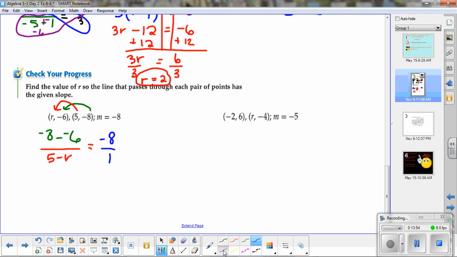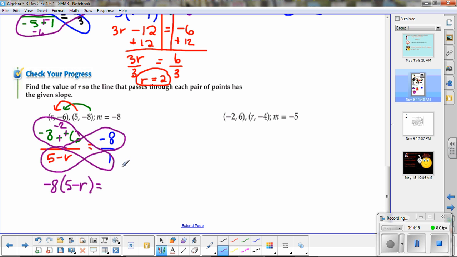Let's go ahead and simplify this right here. Negative 8 minus negative 6 really is going to have a value of negative 2. So now when we multiply diagonally, we're going to have negative 8 times the quantity 5 minus r equals negative 2 times 1. Negative 2 times 1 is negative 2.